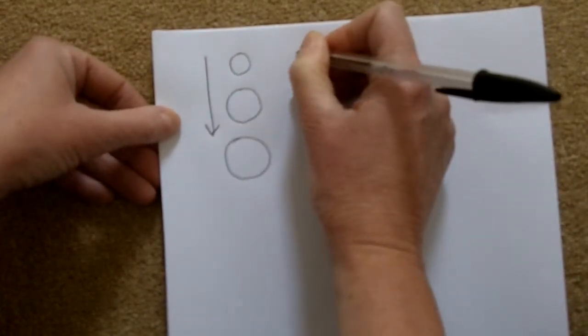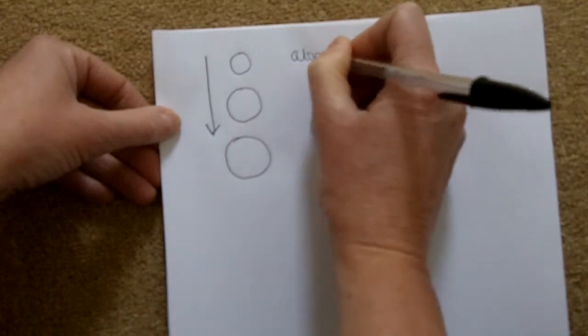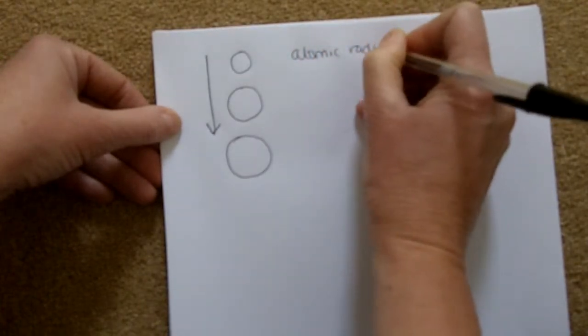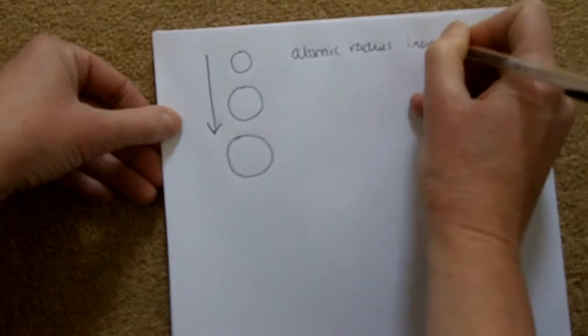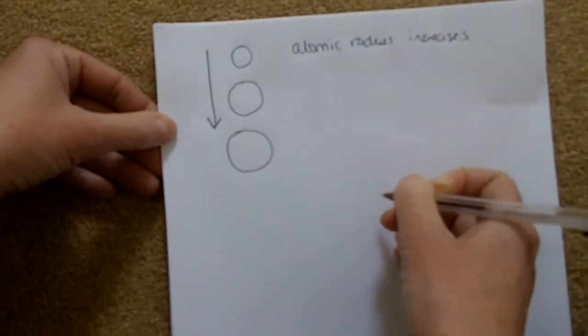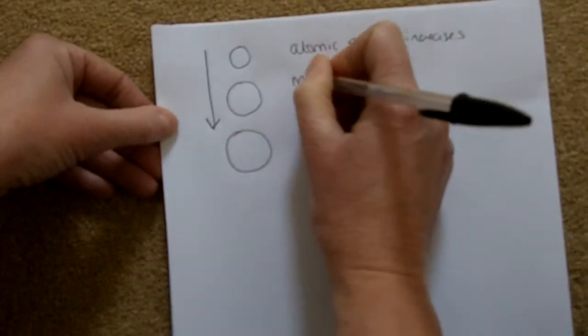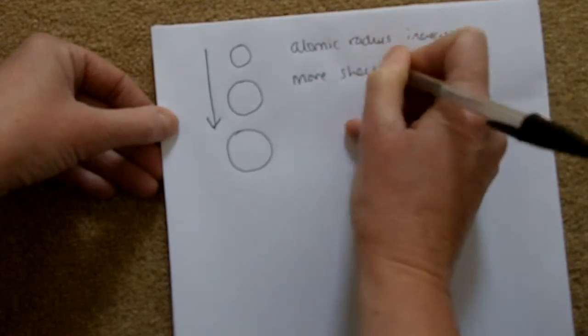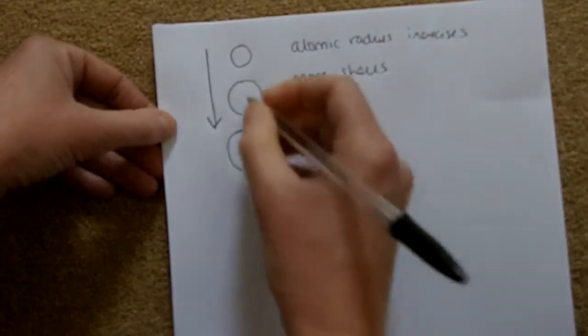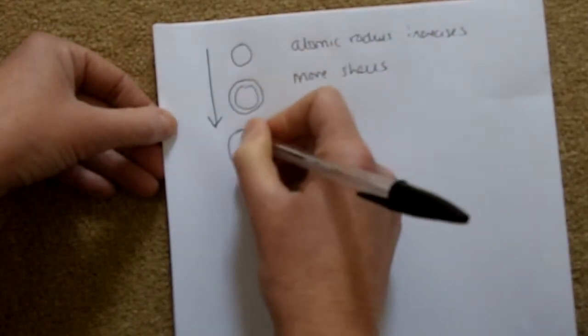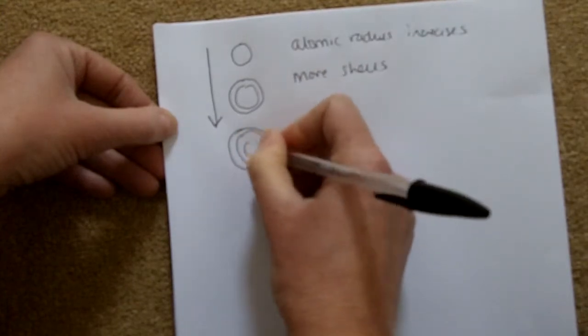The atomic radius increases as you go down a group, and that's because you've got more shells as you go down a group.